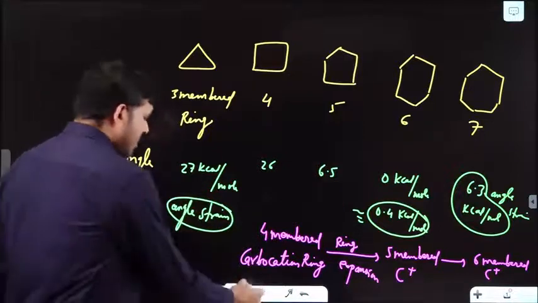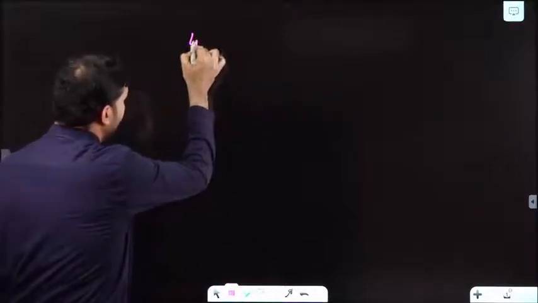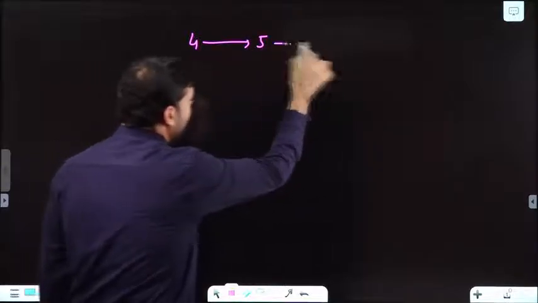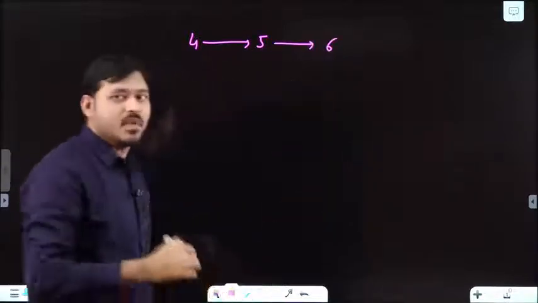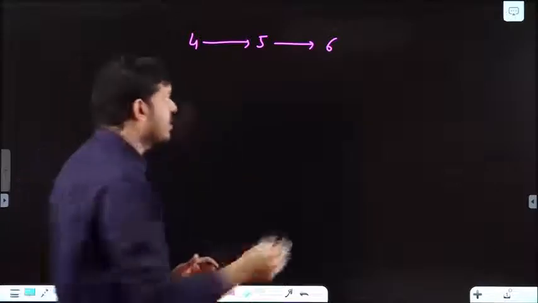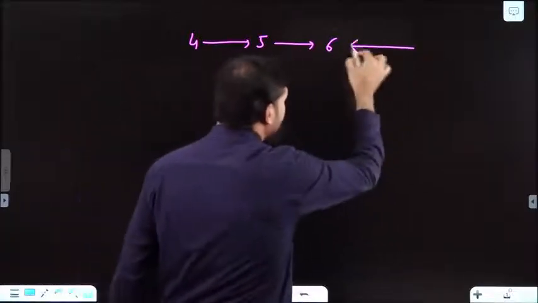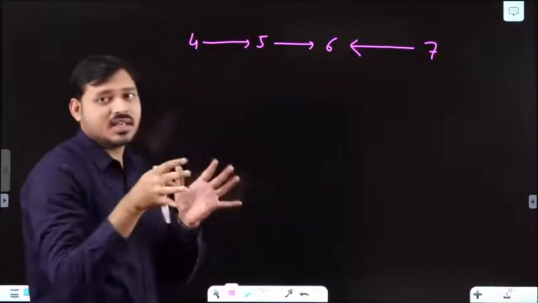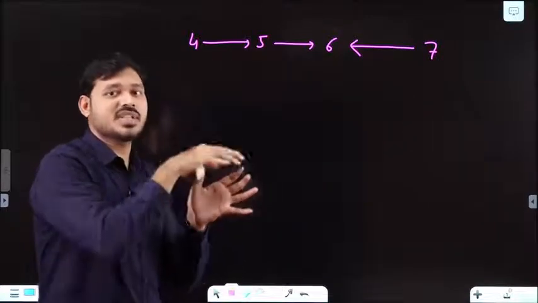Now let us take a few examples of ring expansion, how it occurs. So remember one thing: 4-membered will tend towards 5-membered, 5-membered will tend towards 6-membered, but 6-membered will not go to 7-membered, while a 7-membered ring has a tendency to convert itself into a 6-membered ring.